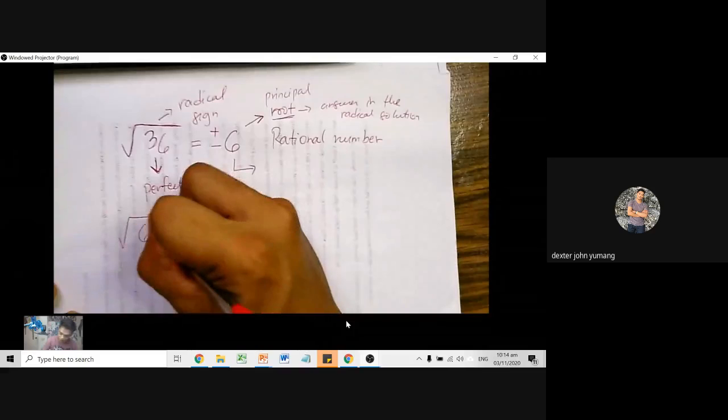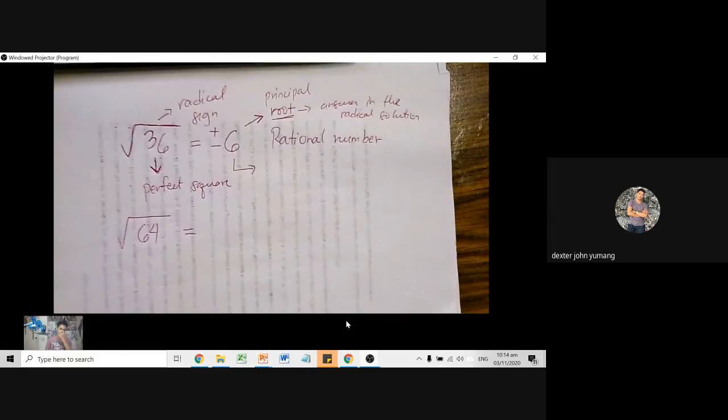Square root of 64. What is the answer? Positive, negative what? I-type sa chat box. Ano yung i-multiply natin para ang sagot niya 64? Jan, do not forget the symbol.